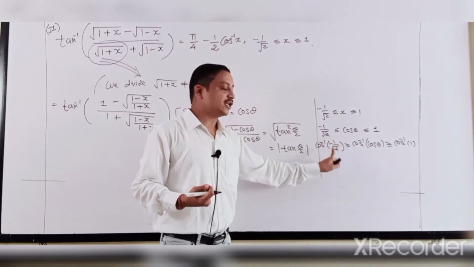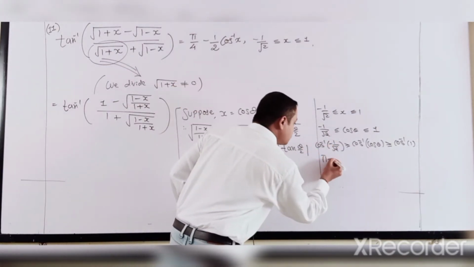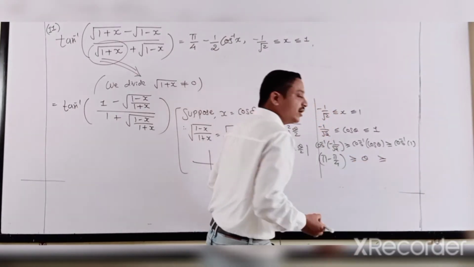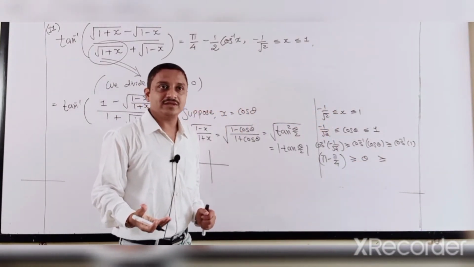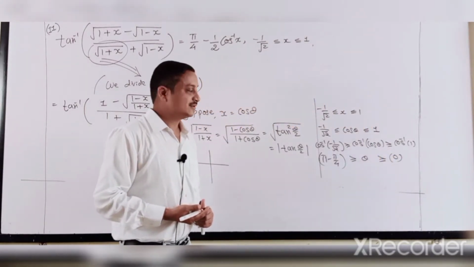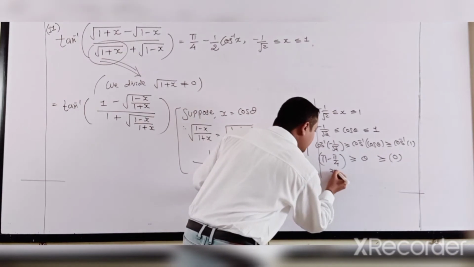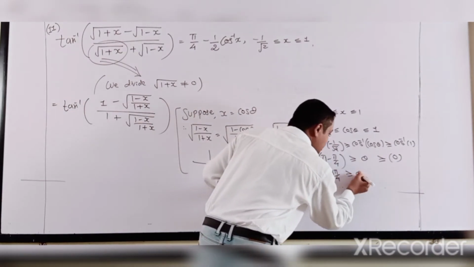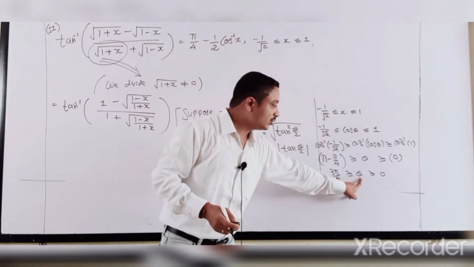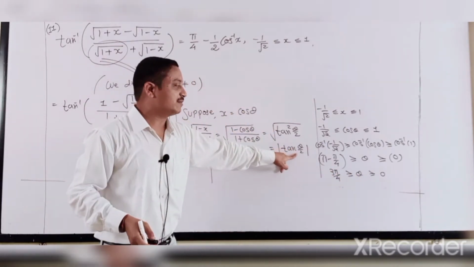Now cos inverse of minus 1 by root 2 is 3π/4, here theta. And when cos is 1, students, yes, cos is 1 for 0 degrees. So indirectly you are getting 3π/4 greater than theta, greater than 0. Now this theta is done, students, but I want theta by 2.